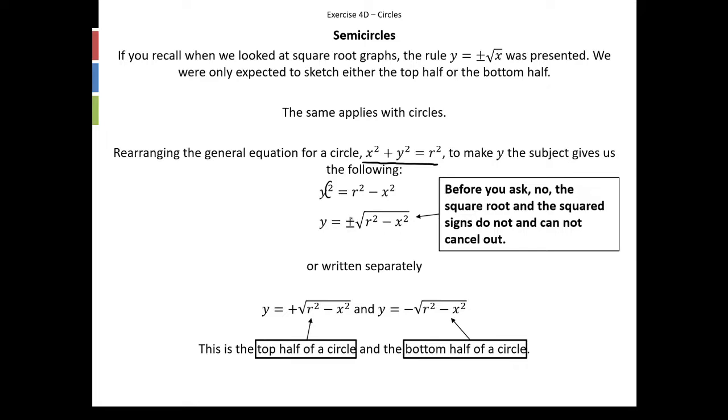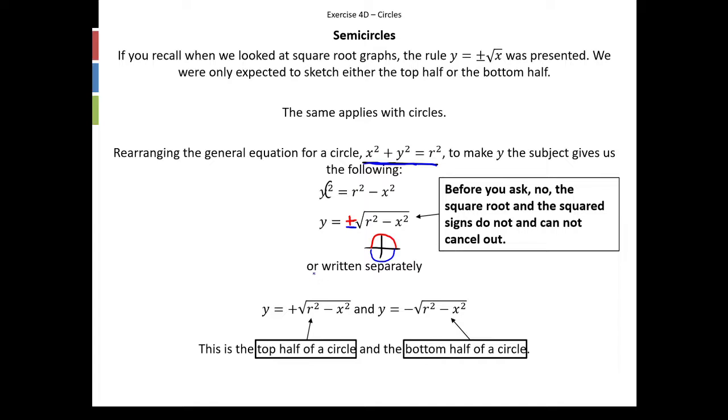If you sketch the positive version and the negative version, that would be a full circle. You have the positive bit and the negative bit, and if you sketch both of them, just as we proved, because it's come from this, that is a circle.